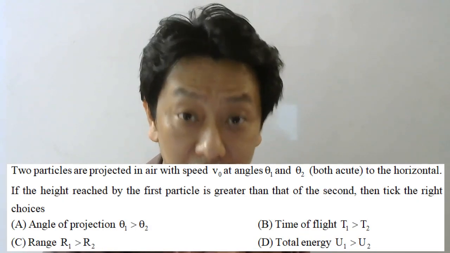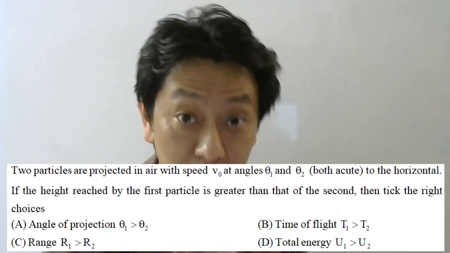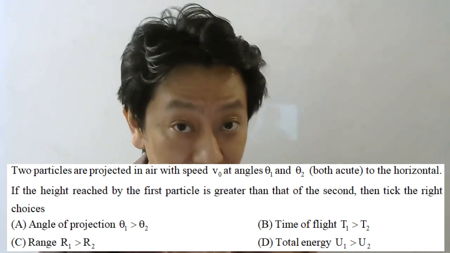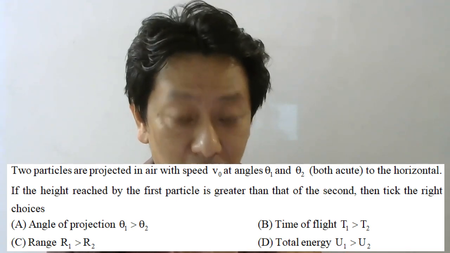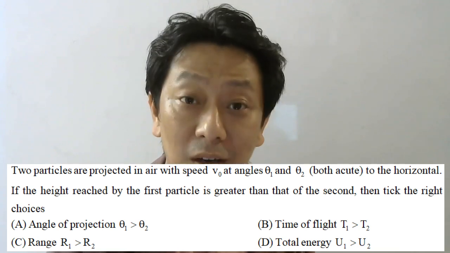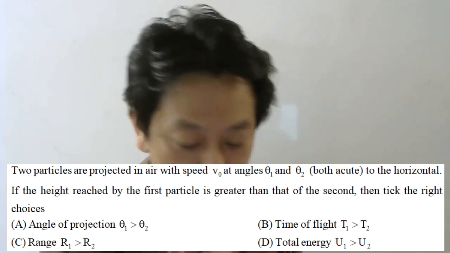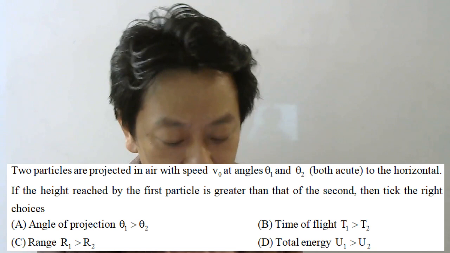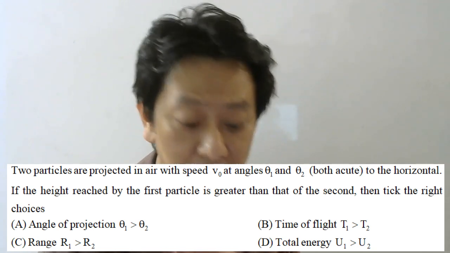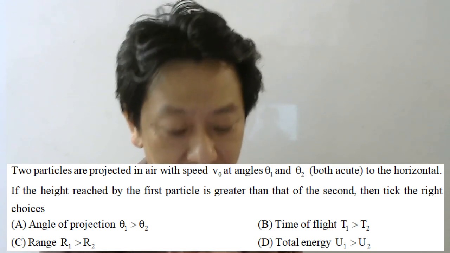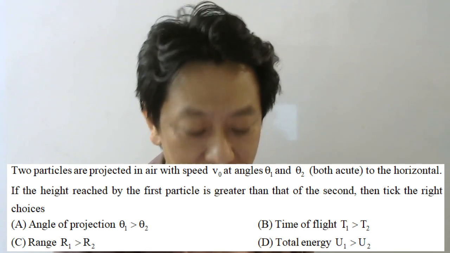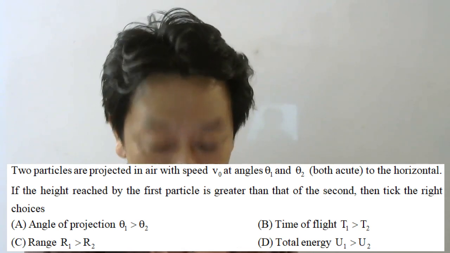The next question says two particles are projected in air with speed v0. Both the particles have the same initial speed v0 at angles theta 1 and theta 2, both acute to the horizontal. If the height reached by the first particle is greater than that of the second particle, then tick the right choices.